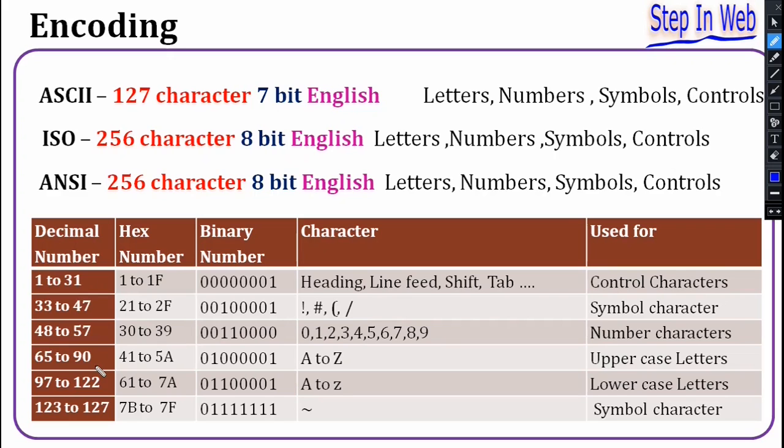From decimal number 65 to 90, they assigned uppercase letters A to Z, and from decimal number 97 to 122, they allocated lowercase alphabetic letters. And the remaining 123 to 127 are some other symbol characters. Like that, they formed 256 characters from the 8-bit system.